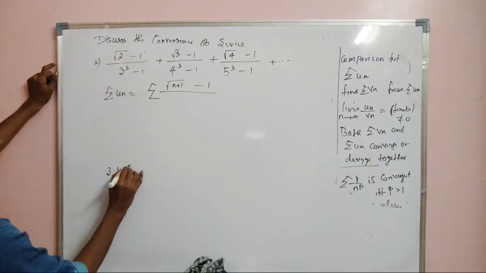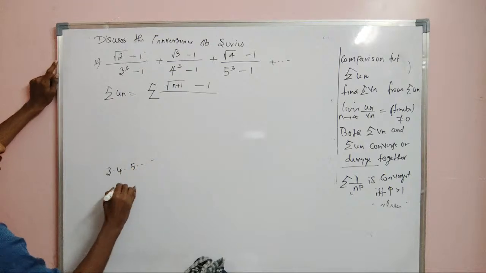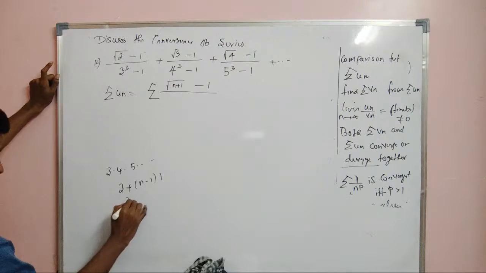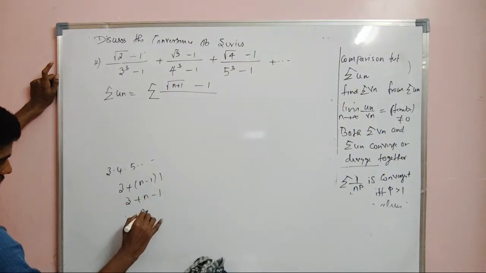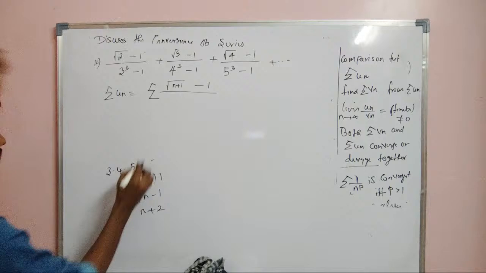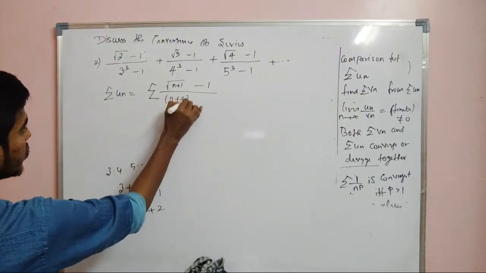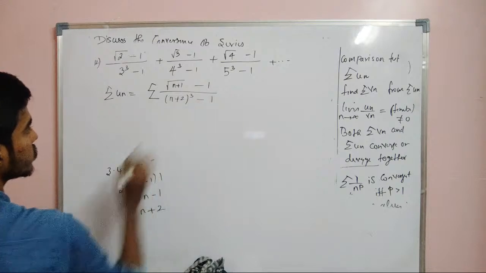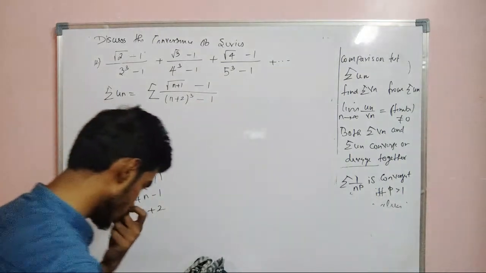So you just find the nth term for 3, 4, 5. So a plus n minus 1 d. d is 1, so 3 plus n minus 1, which is n plus 2. So this is n plus 2 whole cube minus 1, as 3 is fixed for all the terms. So this is our un.